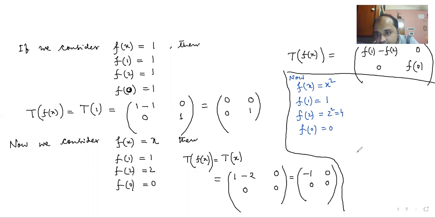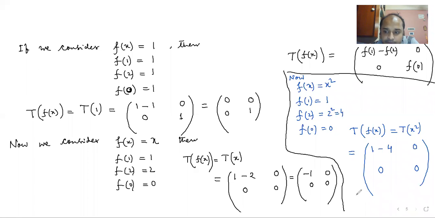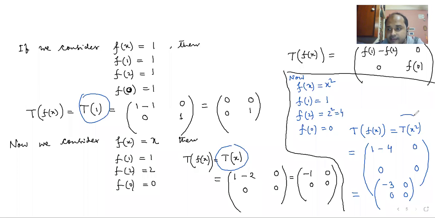So T of x square is equal to f1 means 1, minus f2 means 4, that is minus 3, then 0 and 0, and f0 will be 0. So that will be minus 3, 0, 0, 0. So we have got our T of 1, T of x, T of x square.